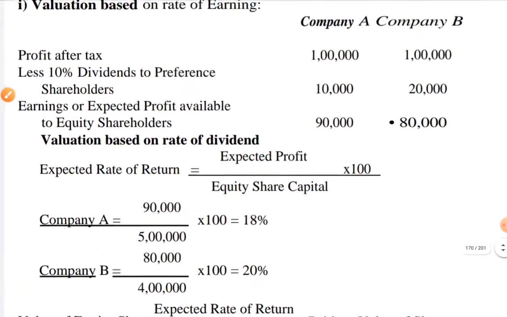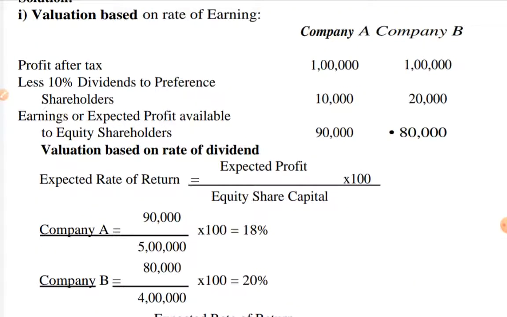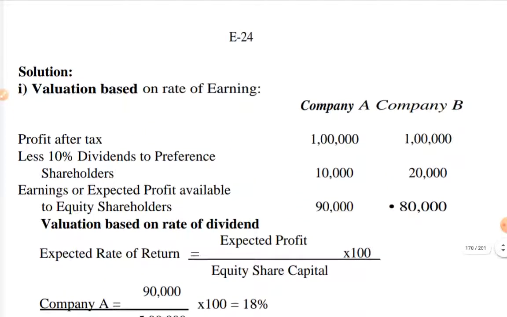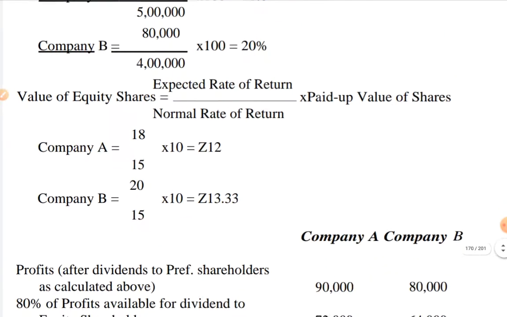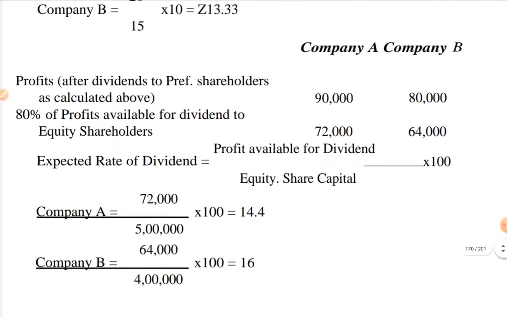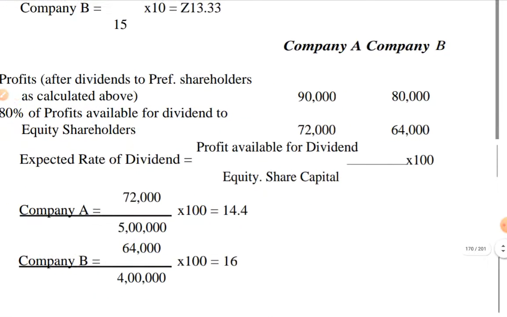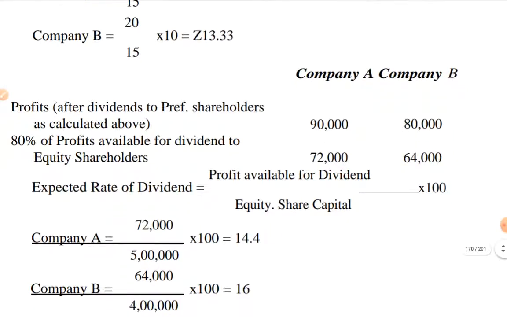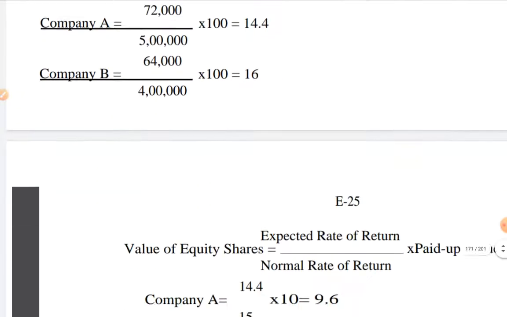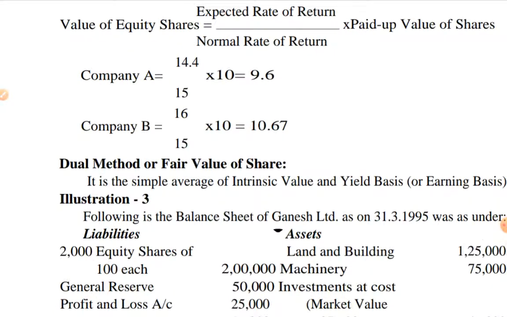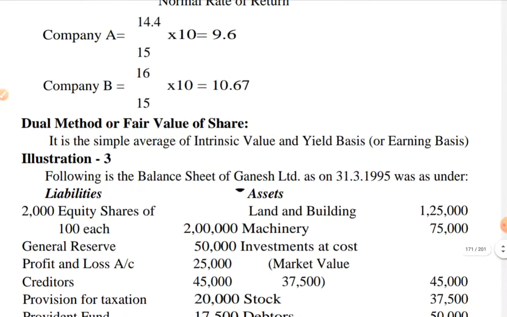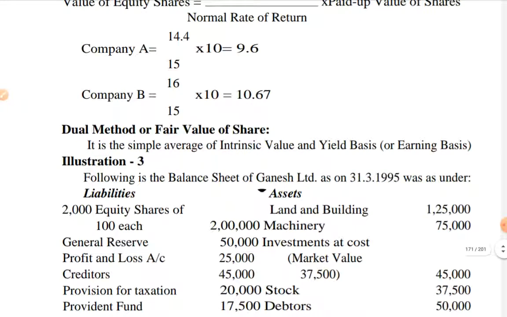Because company B has higher preference share capital than company A in this situation, and that is the difference between both companies' performance. If that question is asked in depth, then we need to work it out.